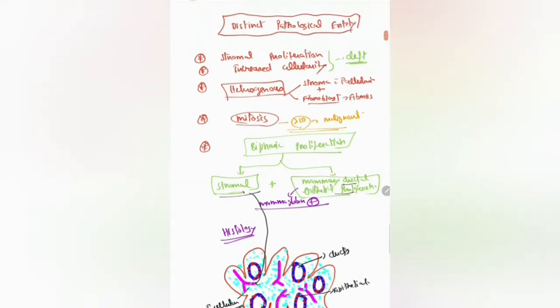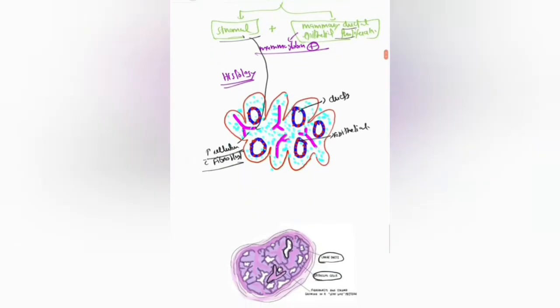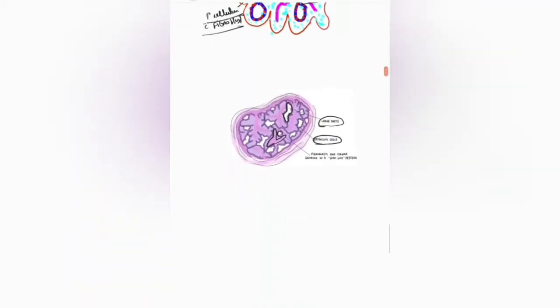So it's more appropriate as a pathological entity. See this picture again: these are your large ducts lined by epithelium, and these are your glyphs, which are formed by your stromal proliferation and fibroblasts.